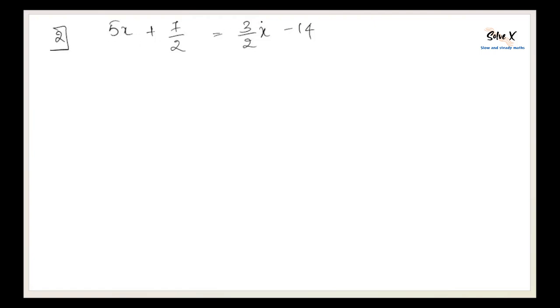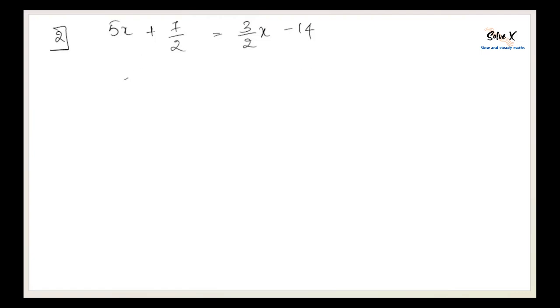Shall we bring 3 by 2 x to the left hand side and 7 by 2 to the right hand side and solve the problem? This is what we have learned before, to bring the number or a variable to either side and solve the problem. What we will learn differently is we will perform the same function on both the sides, on the left hand side and right hand side, from now on.